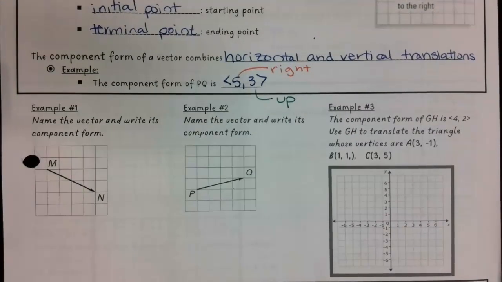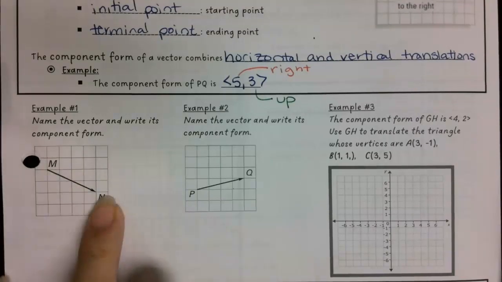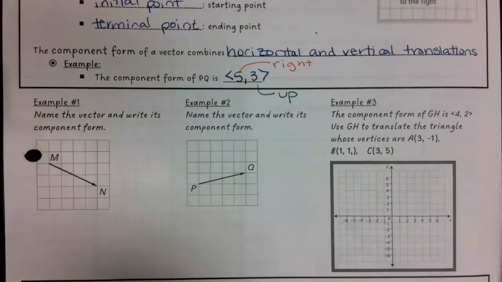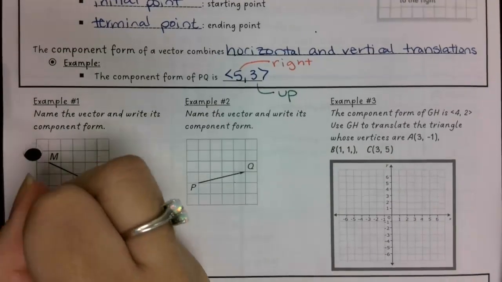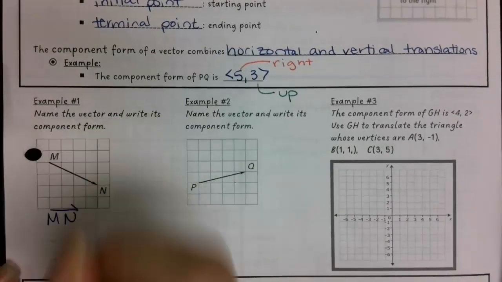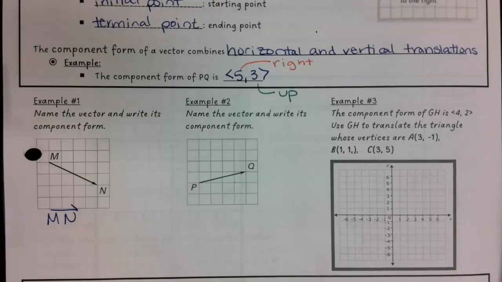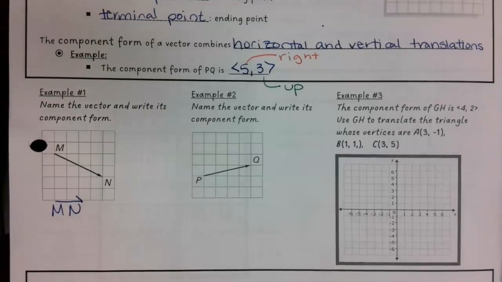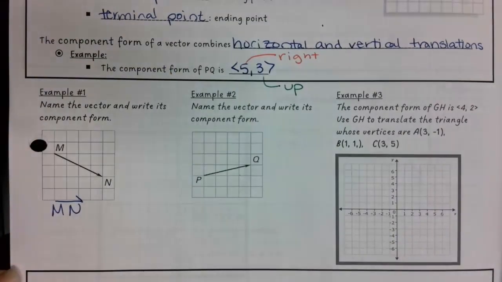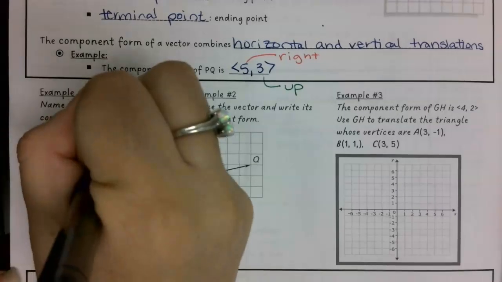So these examples here want me to name the vector and write its component form. So the arrow is going towards the N. So I write the letter M first, and then the N with the vector symbol above. And then to write it in component form, I need to figure out how many it's going right and then down.